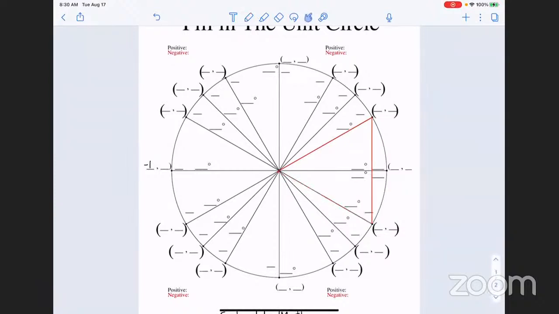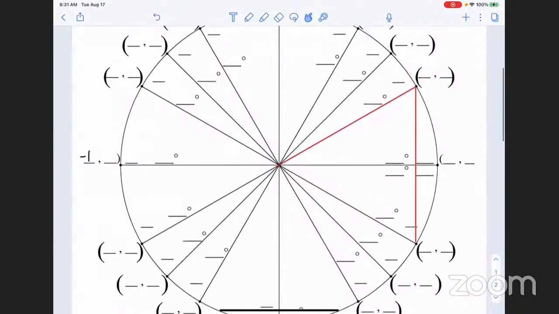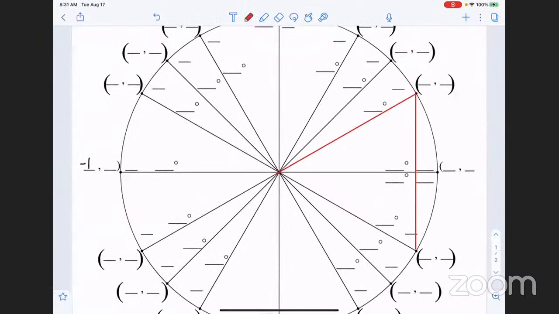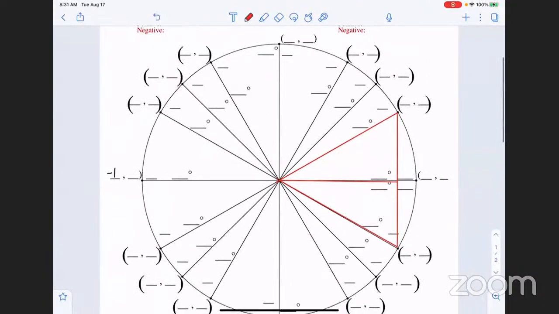Give me a second. Let me see if I can do this one right. So there was this piece of triangle. Basically, they look kind of like a butterfly. So on this side, there was another side here.